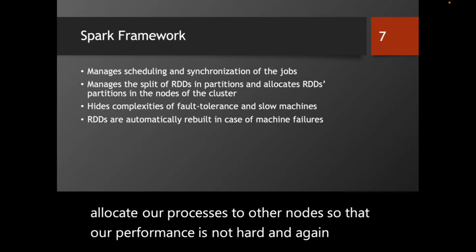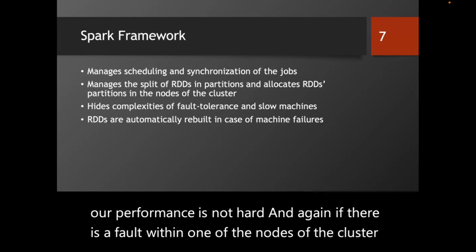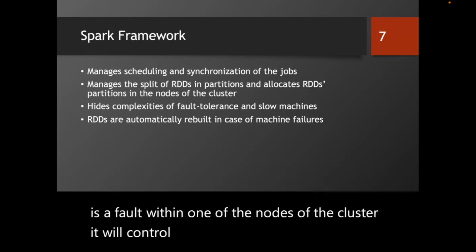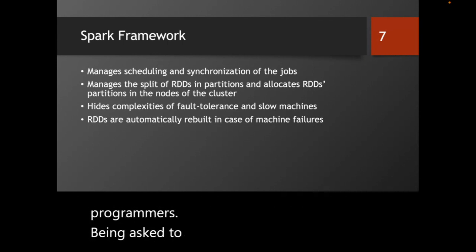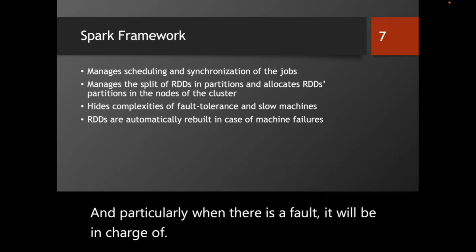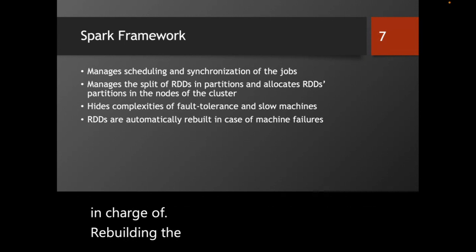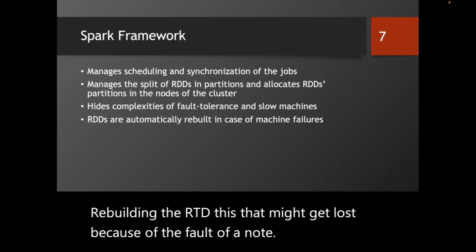And if there is a fault within one of the nodes of the cluster, it will control this and recover from the fault without us as programmers being asked to do anything. Particularly, when there is a fault, it will be in charge of rebuilding the RDDs that might get lost because of the fault of a node.